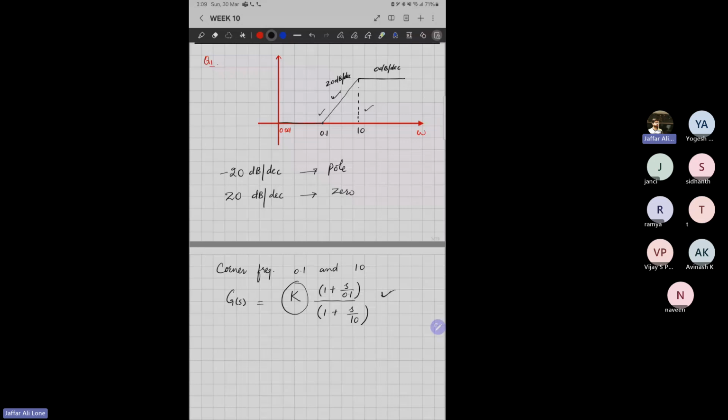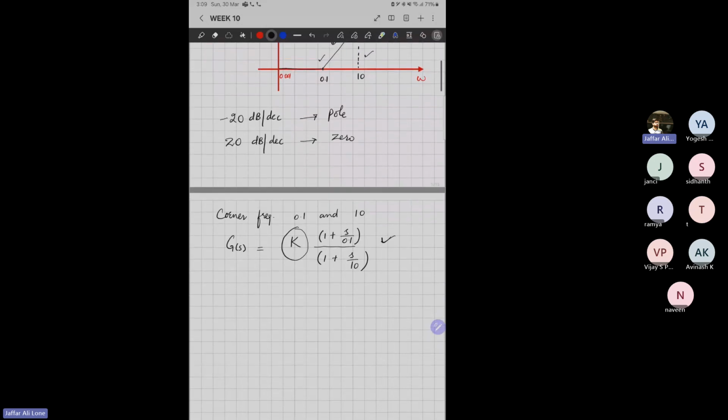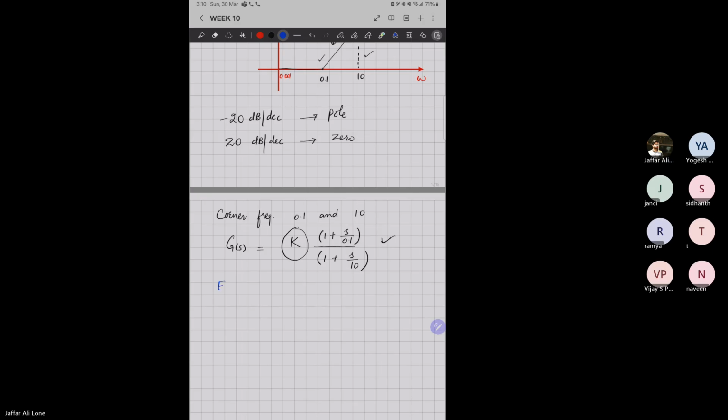So in that case, for a type 0 system, my k is given by this formula: 20 log of k is equal to the magnitude of G(j omega) in dBs.